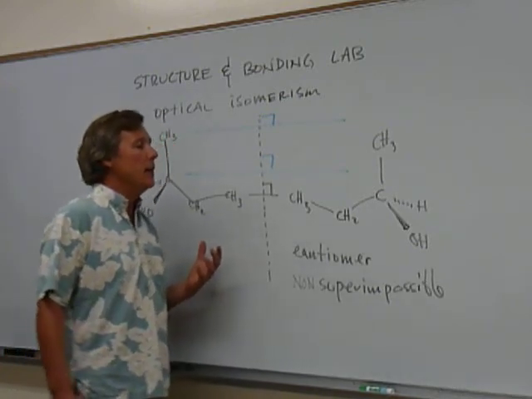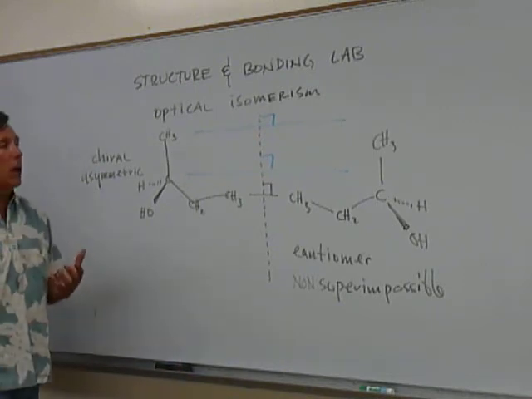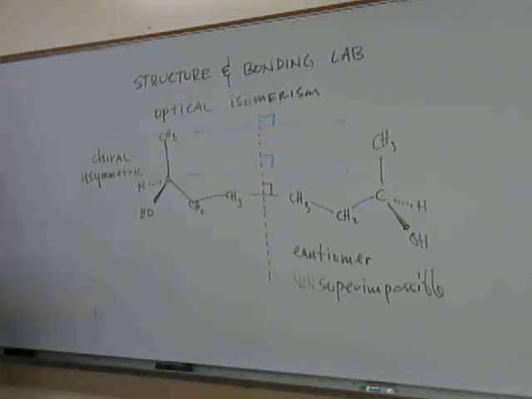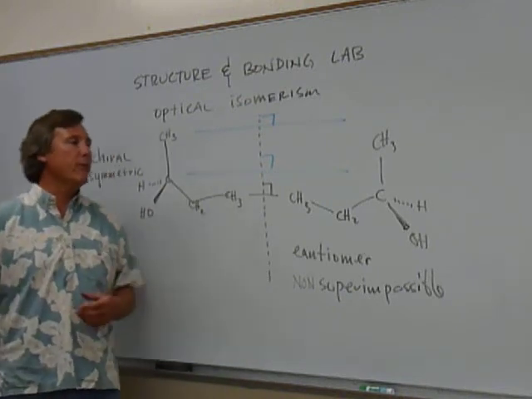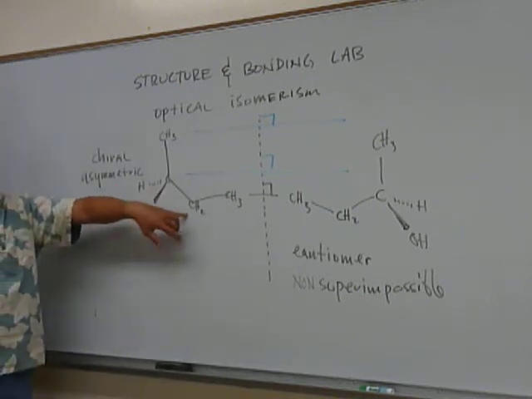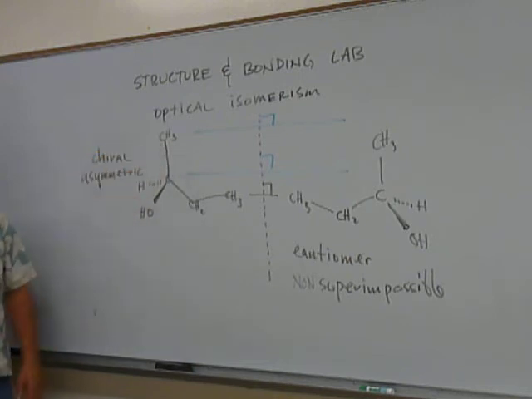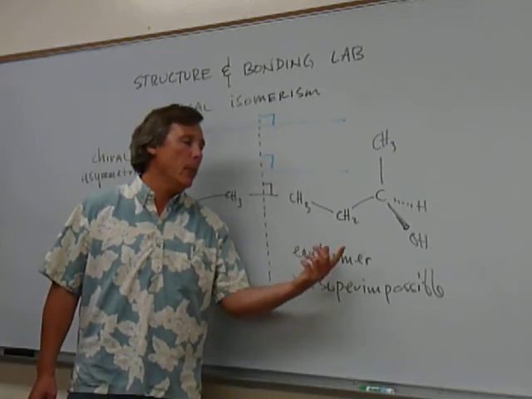So this idea of chirality is a really important one to us, not only as chemists, but also to the biologists. And so we'll have a whole chapter on this idea of chirality, asymmetry, and enantiomers. But for now, all you need to know is that a carbon with 4 different groups attached is considered to be chiral asymmetric, which produces an enantiomer.